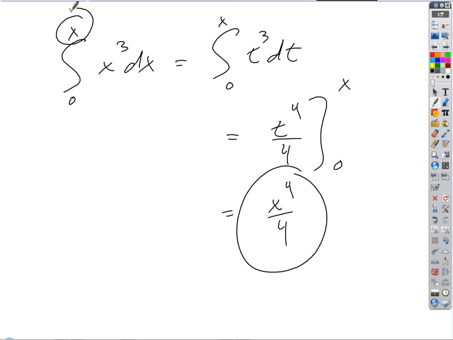So as x increases, the area increases. It increases at an increasing amount, doesn't it? You get what I'm saying? Okay, we'll look at that in more detail soon. That gets you a long ways, though, right there.